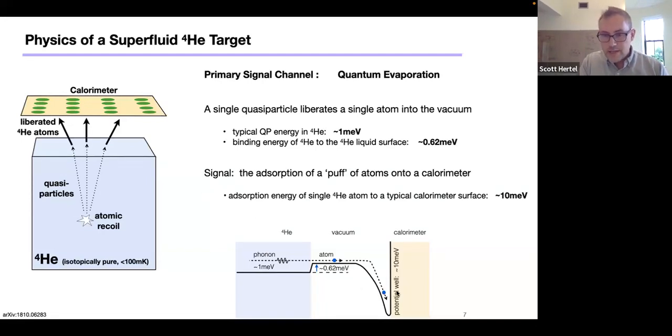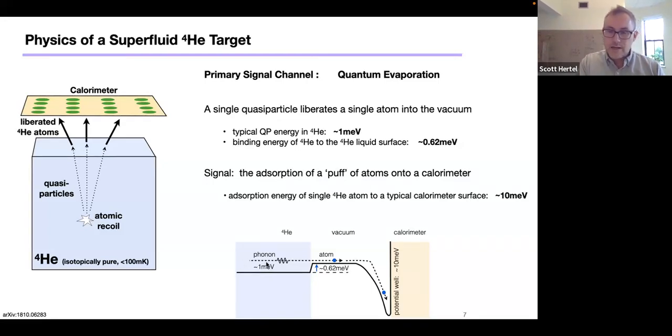One of the advantages of an energy-based sensor is these atoms actually fall into a potential well. They're attracted to the calorimeter with a van der Waals potential, and the energy of that van der Waals potential is 10 or tens of meV. So it's significantly greater than the initial quasi-particle energy. It's a gain mechanism.